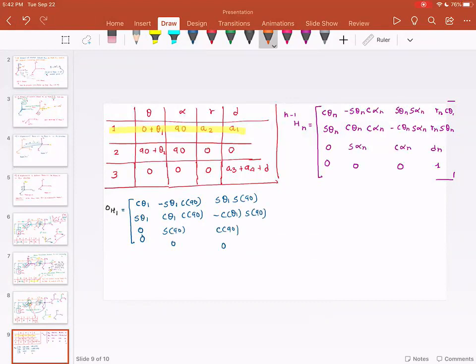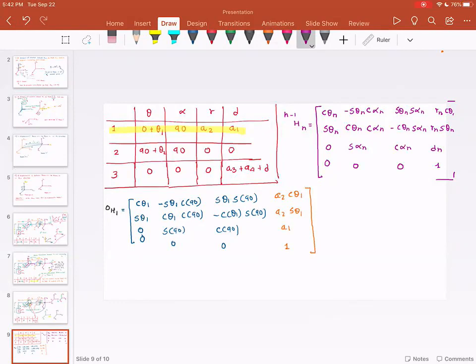The last column is R, which is A2 cosine of theta 1, A2 sine of theta 1, then you have D, which is A1, and then you have 1. So that is how the first homogeneous transformation matrix gets formed.